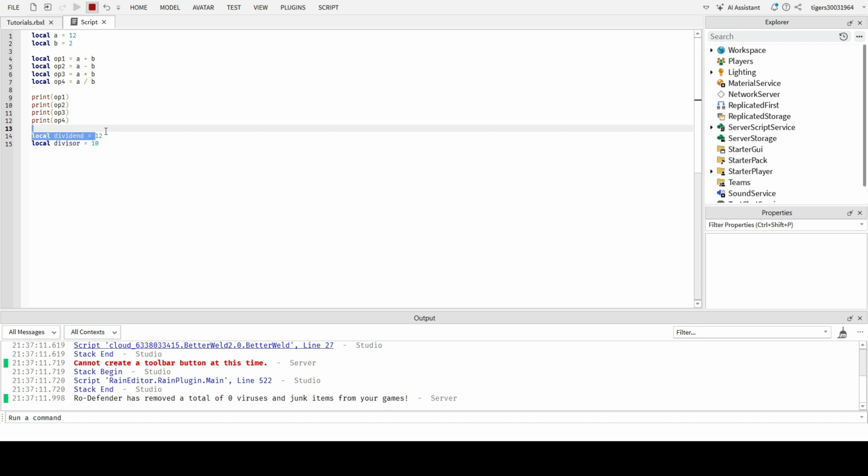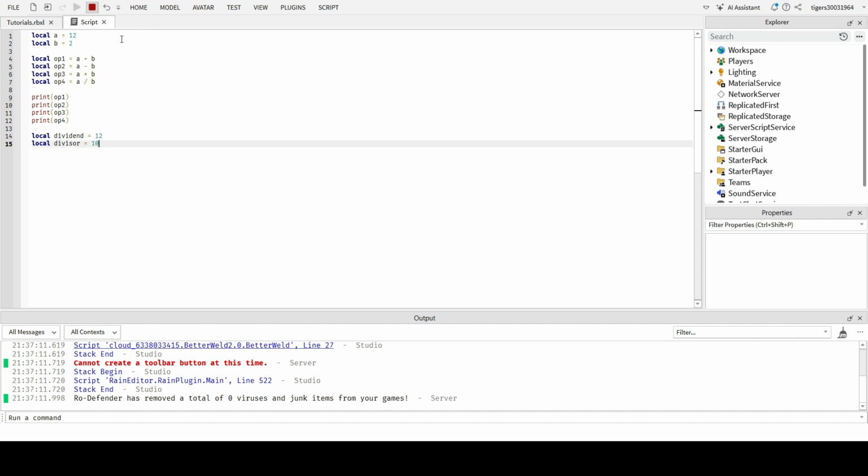So dividend refers to the number that is being divided, and divisor refers to the number that the dividend is being divided by. So here the dividend is 12, and here the divisor is 10.